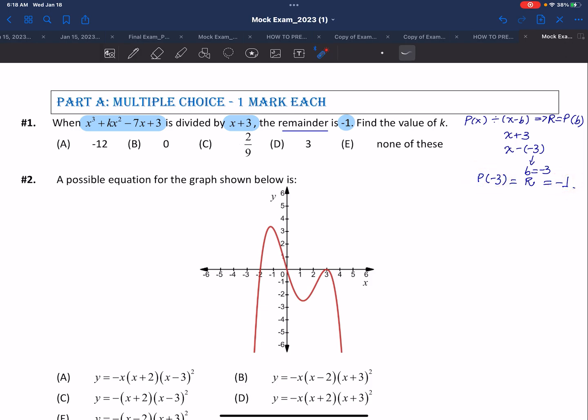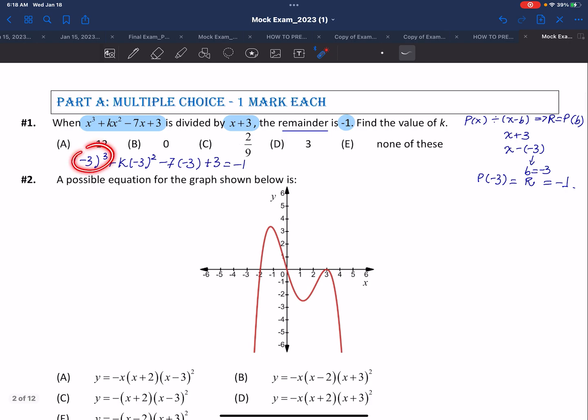So here is our polynomial expression. Negative 3 cubed, plus k times negative 3 squared, minus 7 times negative 3, plus 3 equals negative 1. So wherever you see x, you replace it by negative 3. So simplify.